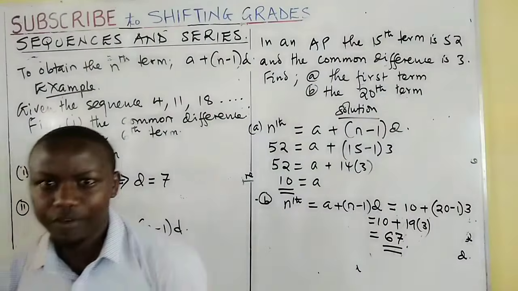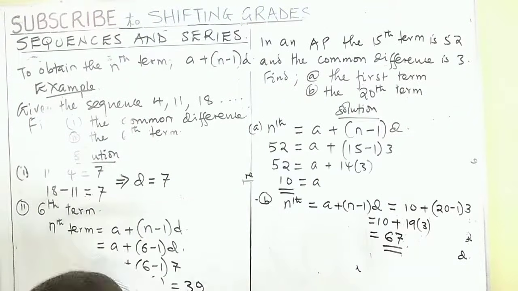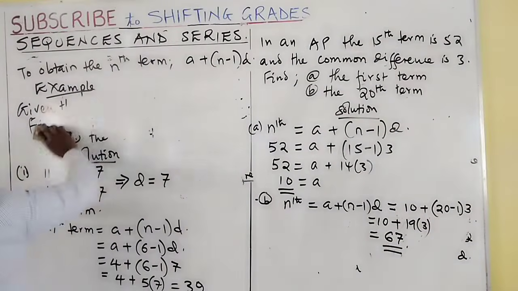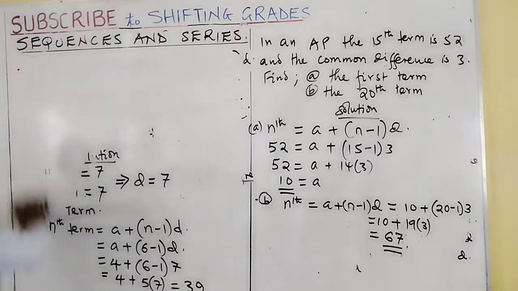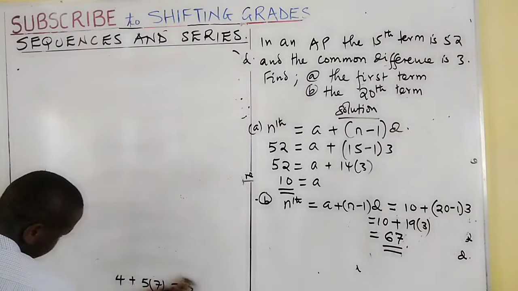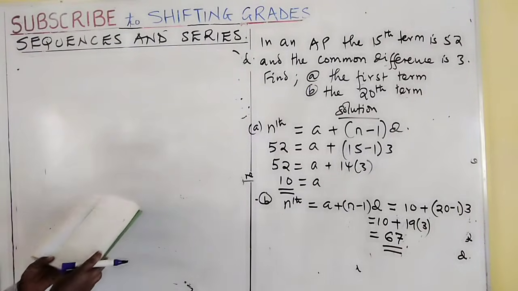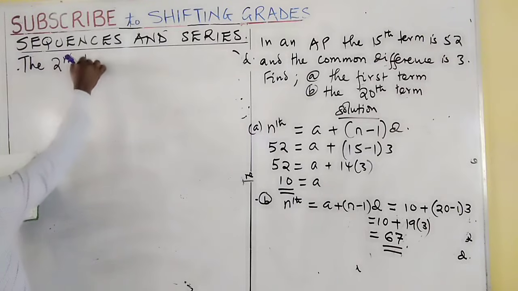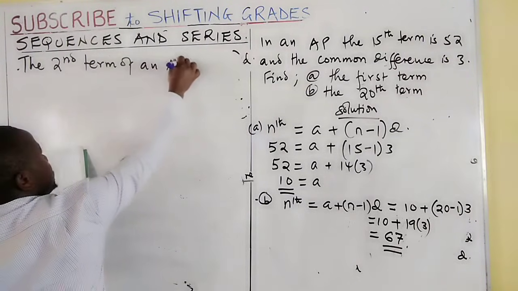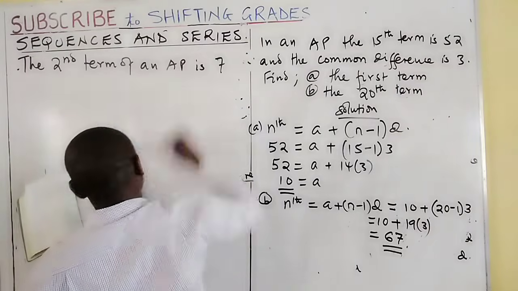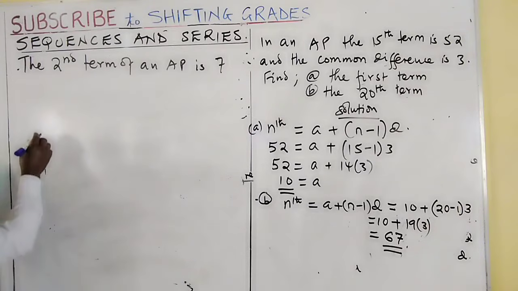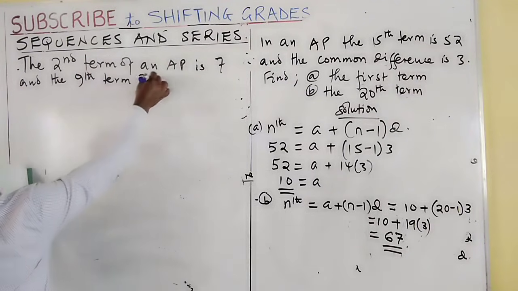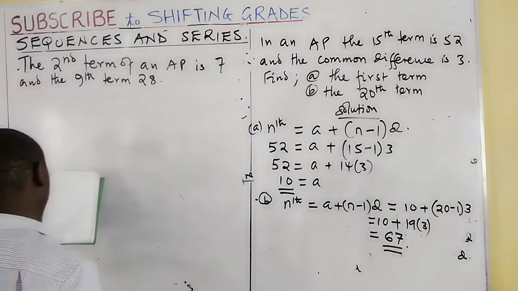So with that now, I can leave you with a question to solve during your own time before I shift to geometric sequences. So the question says the second term of an AP is 7, and the ninth term is 28.